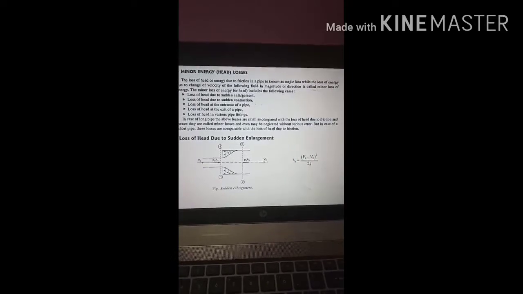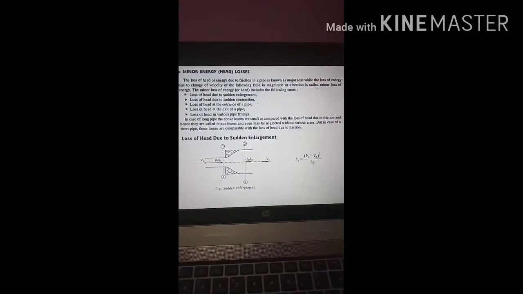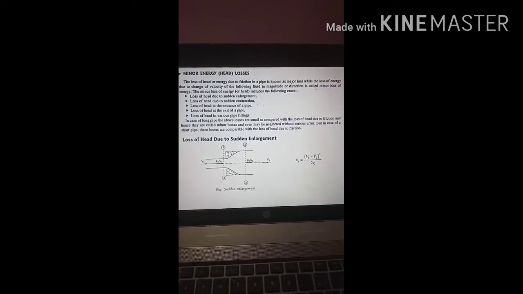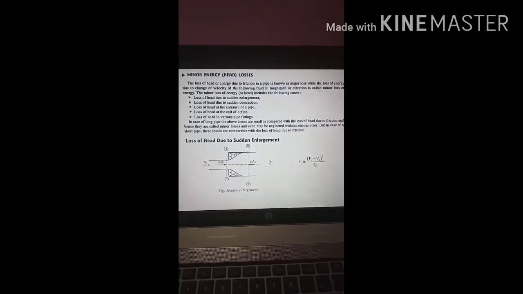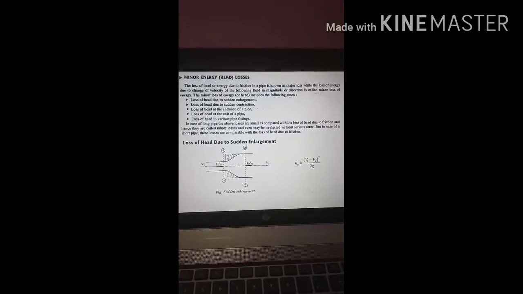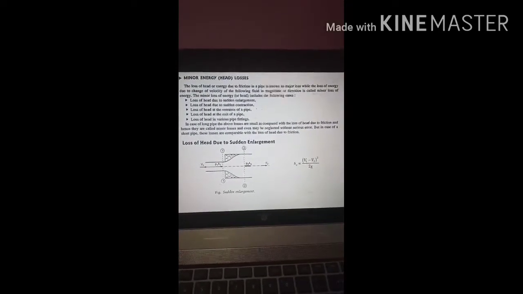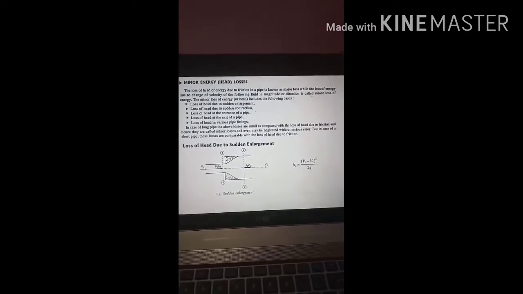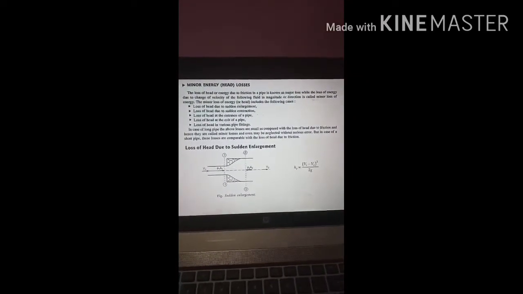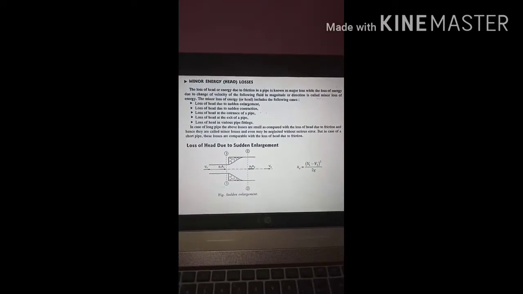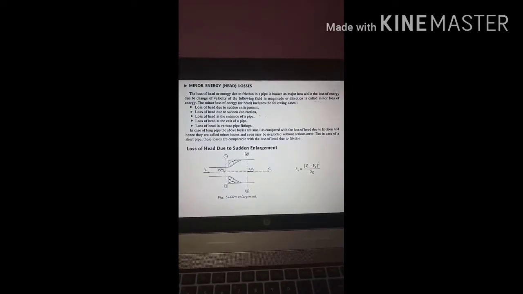First, loss of head due to sudden enlargement, loss of head due to sudden contraction, loss of head at the entrance of the pipe, loss of head at the exit of the pipe, and loss of head in various pipe fittings such as elbow, bend or coupling. All these are nothing but shape or area change types. That's why there are many types coming under minor losses.